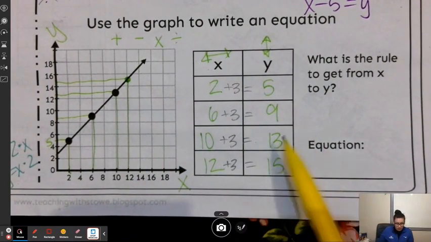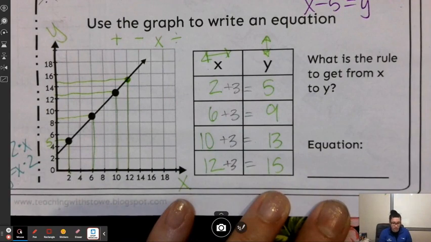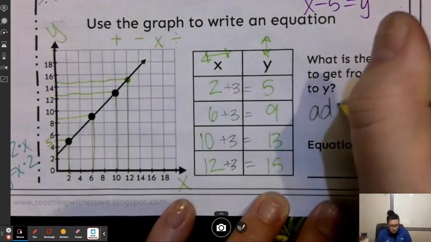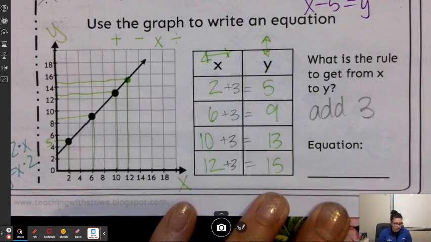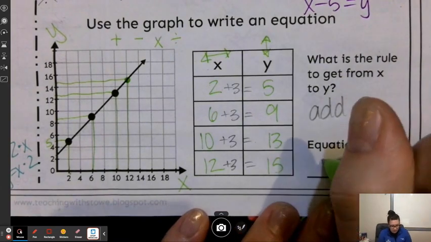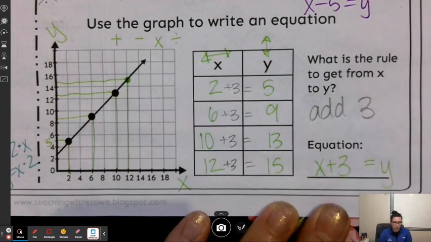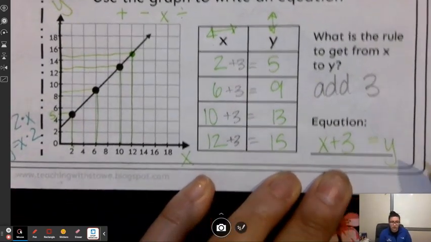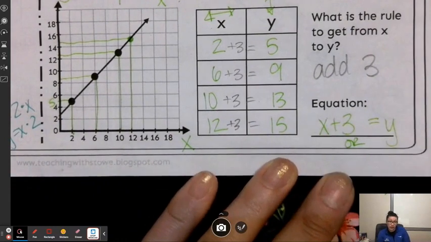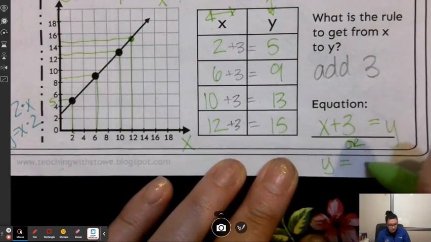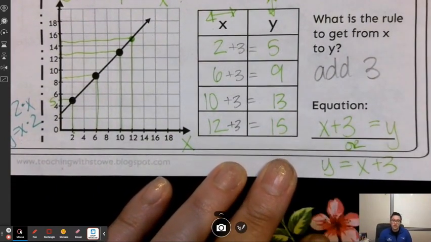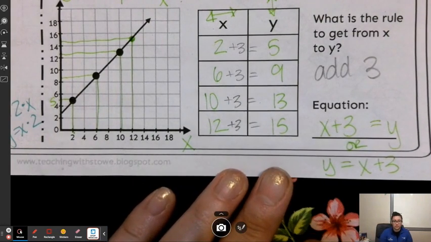What are we doing to go from x to y every time? You add 3. So our equation is going to be x plus 3 is equal to y. Or you can write the y first: y equals x plus 3. Either way, they mean the same thing.